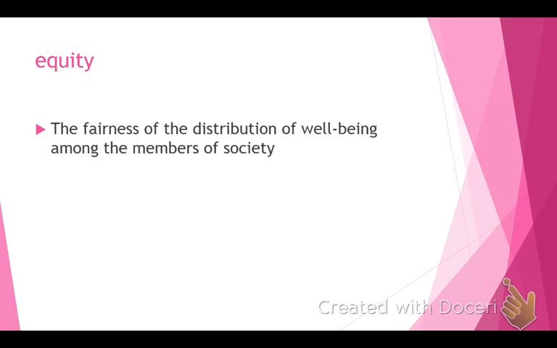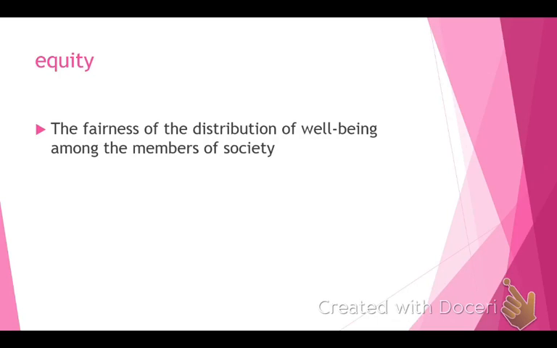A big issue right now in the presidential election is that they say the economy is rigged so that the people way up at the top who own companies and have a lot of stocks, CEOs, investment bankers, those who control a lot of money, just get richer and richer and don't pay as much in taxes as middle class people do, even though they're earning a lot more.